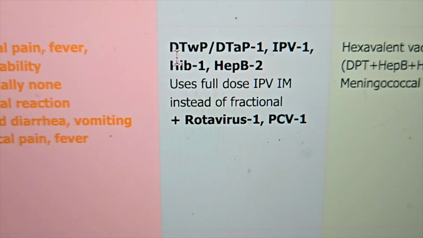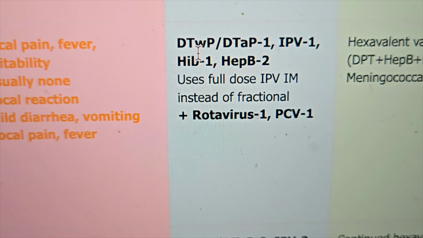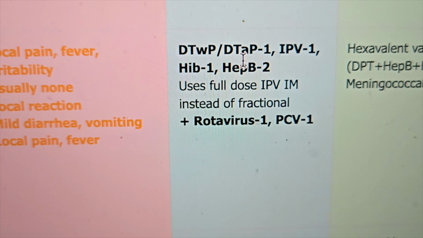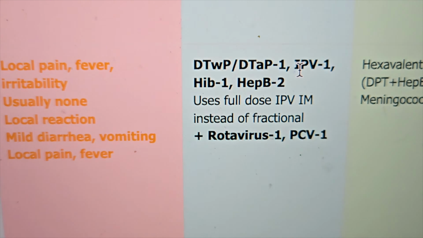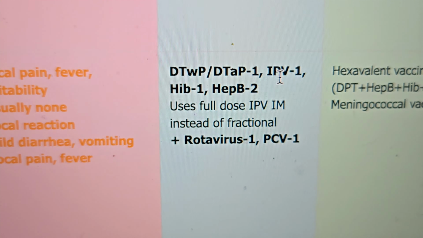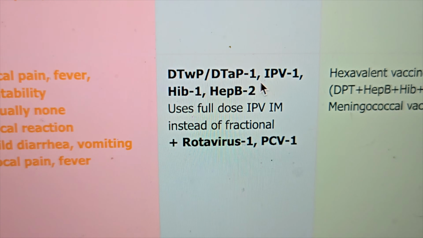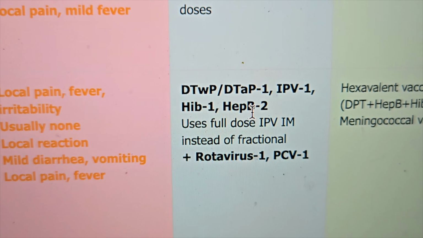What is the IAP schedule here? So the IAP schedule here is DTwP, diphtheria, tetanus, pertussis, but in a different format, DTaP1 and IPV1. See, I told you OPV is removed from the schedule, so it is IPV, inactivated polio vaccine, HIB1 and hepatitis B2.